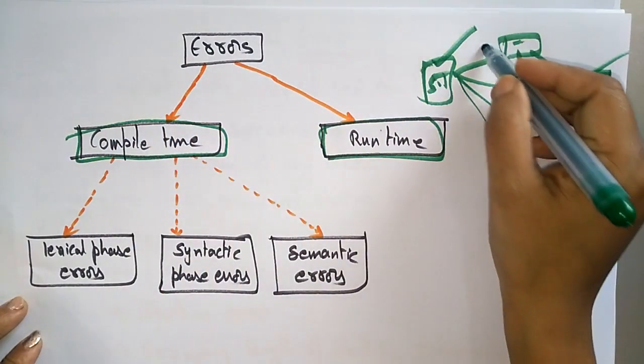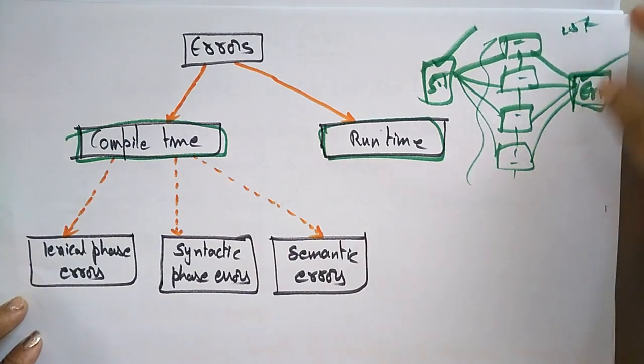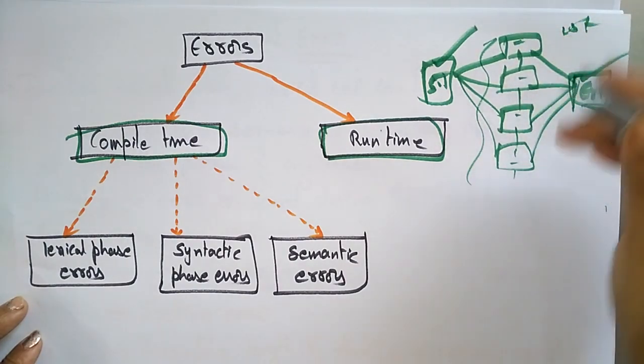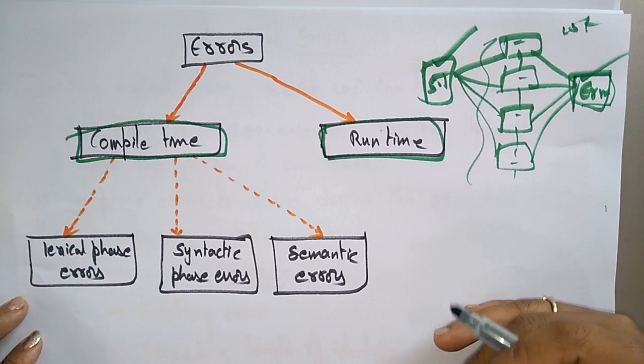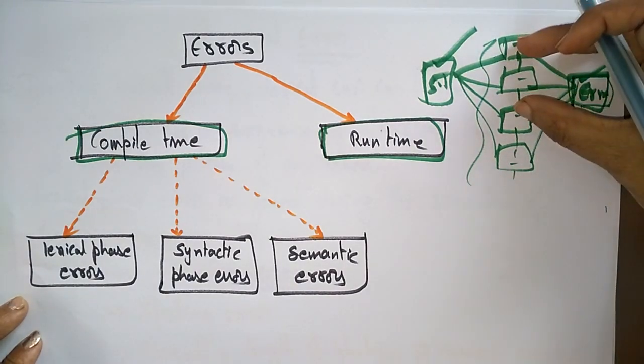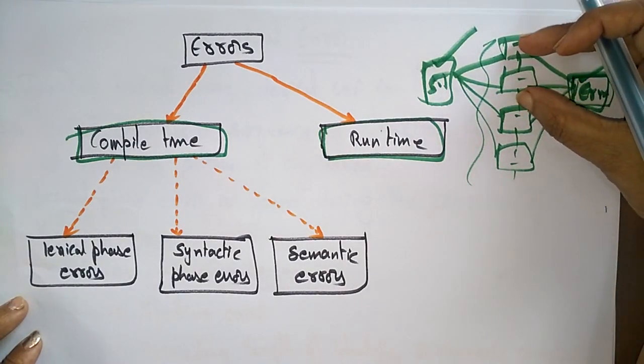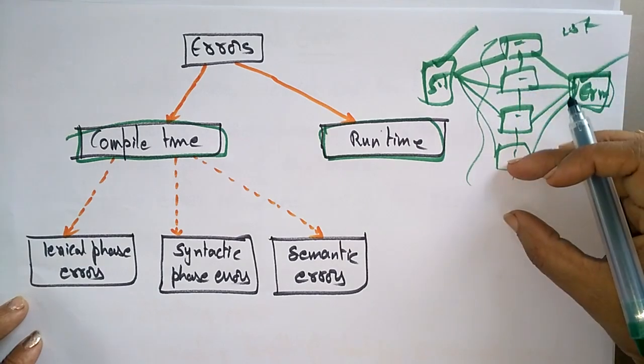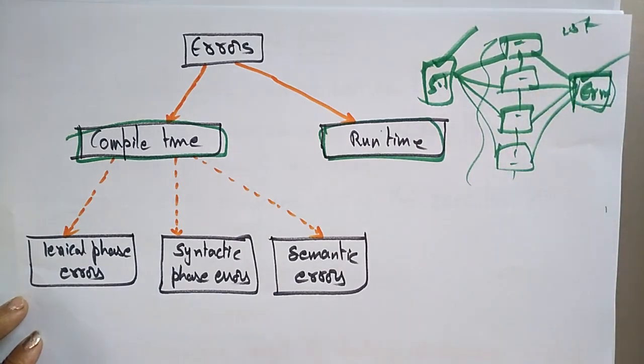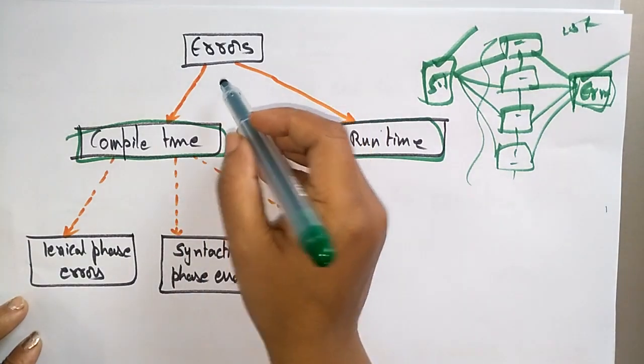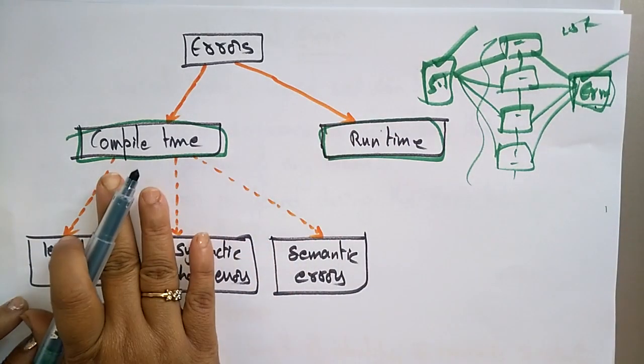Only at the first phase of the program execution, the front end. Compilation has a front end as well as a back end. These phases are divided into the topmost three phases, the front end, and the last three phases, the back end. The errors we are discussing here are compile time errors.